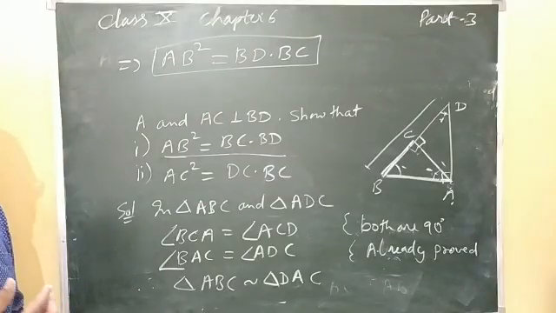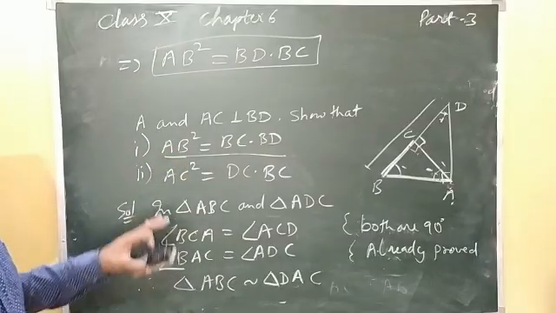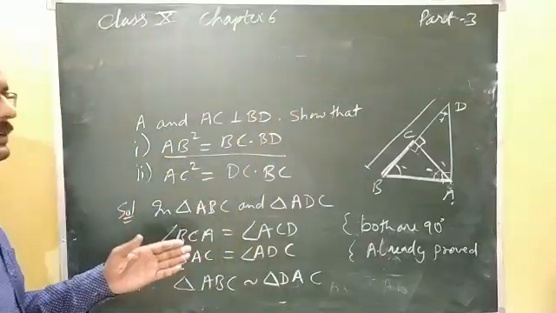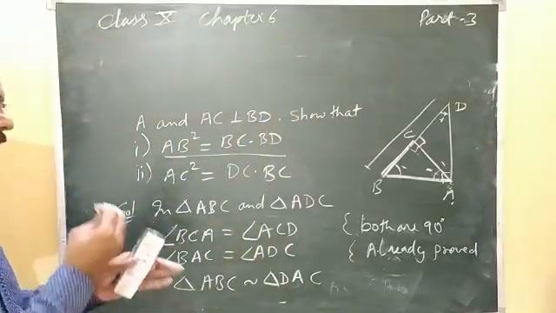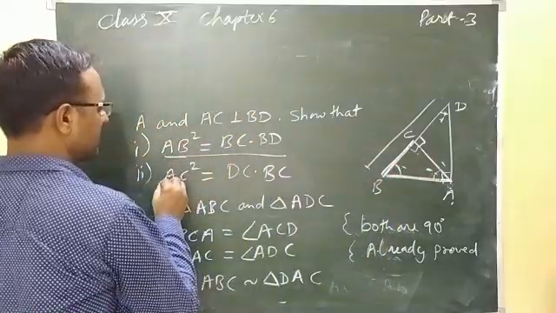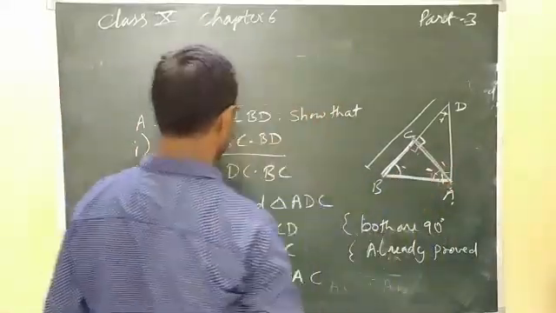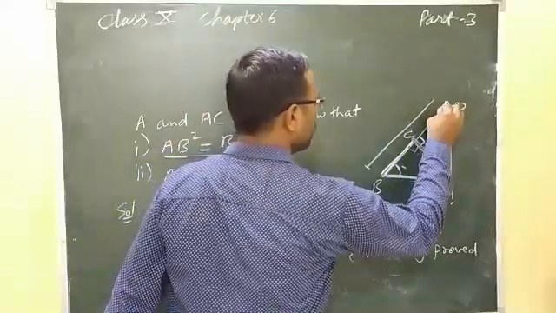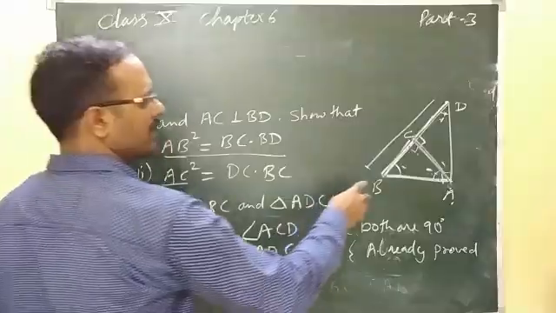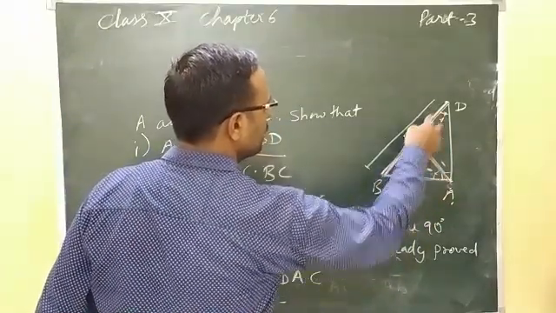Now we can take the ratio of the two triangles' sides, and we have to obtain AC twice. We want AC two times, so there should be multiplication. So how will you take it? We have to include the sides which include AC. This side is to be included, DC, this is to be included, then BC, this is to be included. So from these two triangles we are going to take only these two sides and these two sides.